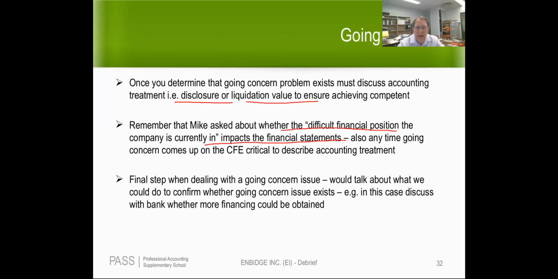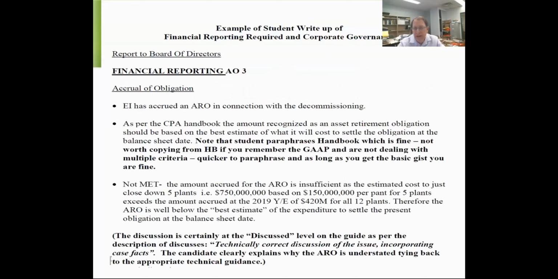Make sense? All right. Okay, well, let me show you a nice little write-up of the financial reporting. Again, please stop me if you have any questions or comments. Okay, this is written by a student. It's pretty good. Again, that's not the perfect answer. Notice the titles. Everything is good here.